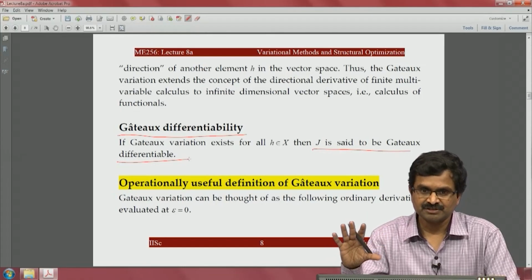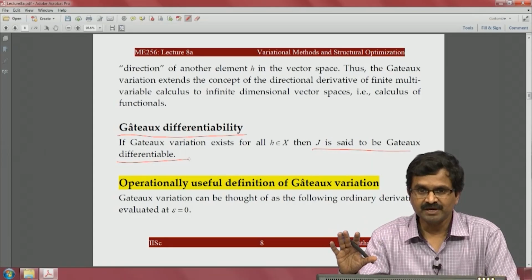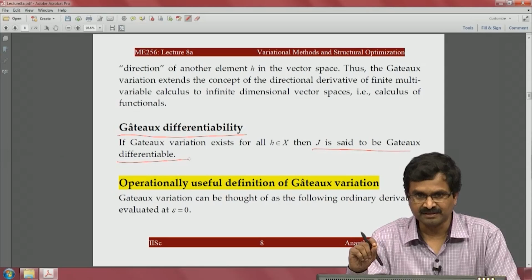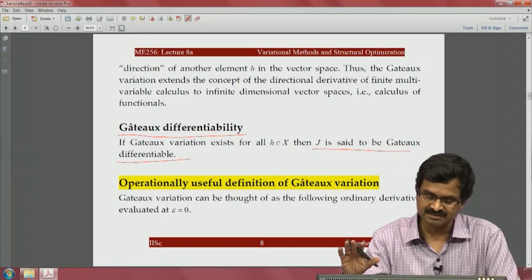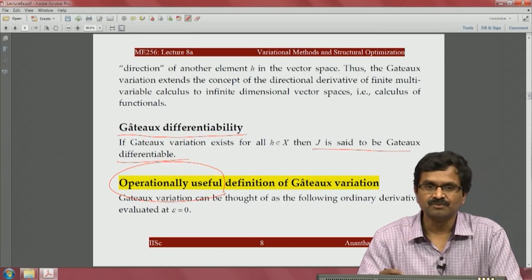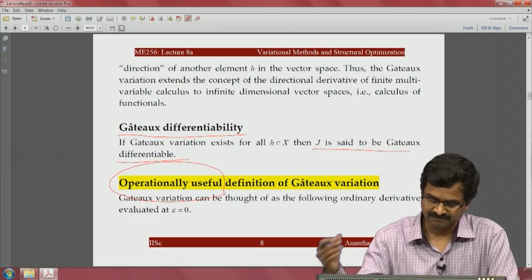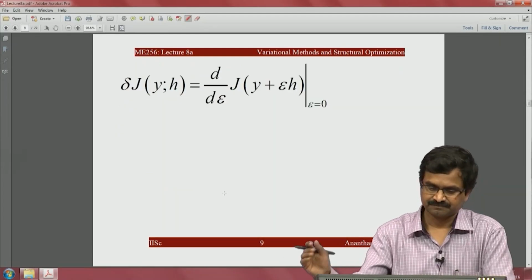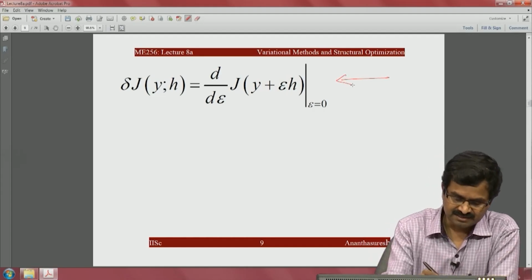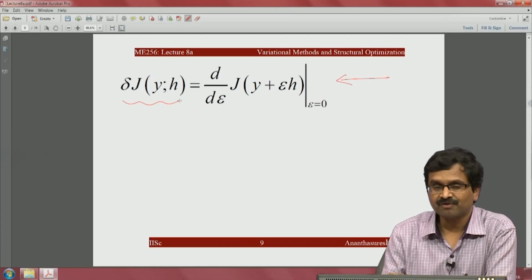While the definition of the Gateaux variation using the limit concept is rigorous and correct, we can use a simpler way of defining it, which is equally correct and equally rigorous, but also operationally useful, meaning you can do operations with it like we do differentiation without even blinking an eye. That is what is shown here. This is the same Gateaux variation which was defined in terms of a limit, now brought into the realm of ordinary calculus.